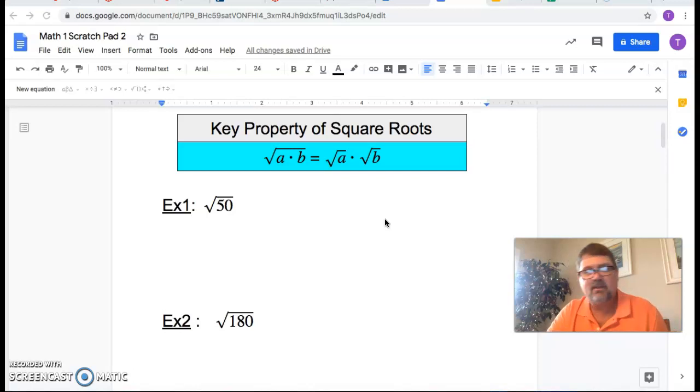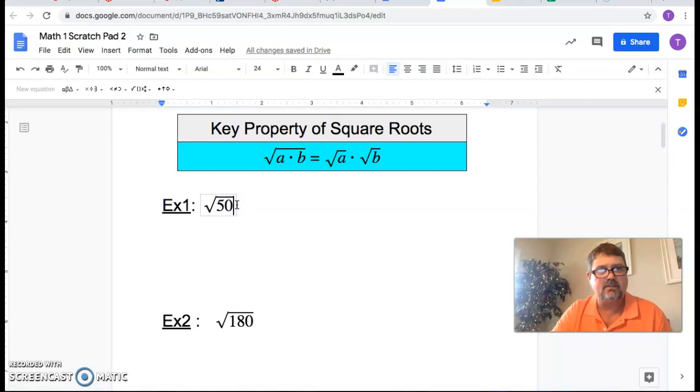All right, so if we're using this property right here, let's just take a look at this and I'll show you how this would work. We know that 50 is a product of more than two numbers actually, but it could be looked at as a product of 25 and 2.